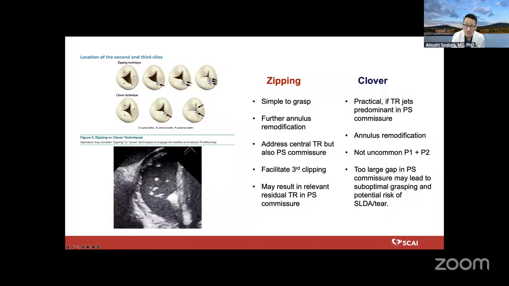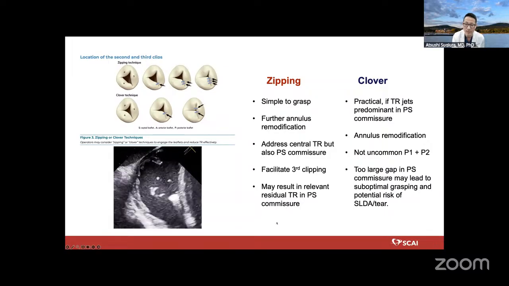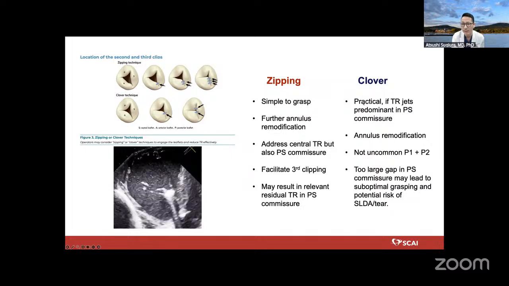But we need to keep in mind it may result in relevant residual TR in the posterior-septal commissure. On the other hand, the clover technique is practical, especially if the TR jet is predominant in the posterior-septal commissure. You will have good annular remodification, but we also keep in mind that the posterior leaflet is often split.